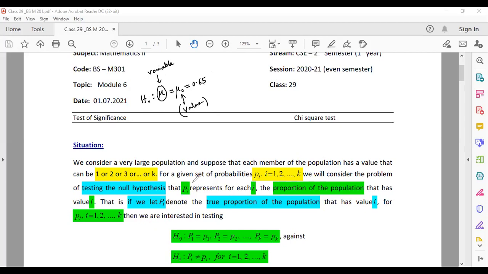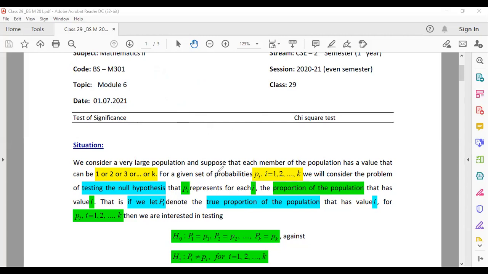In the same manner, small pi is the value and capital Pi is the variable under consideration. Hope you have understood what I'm trying to say to you. Now this part is clear. Let me proceed.